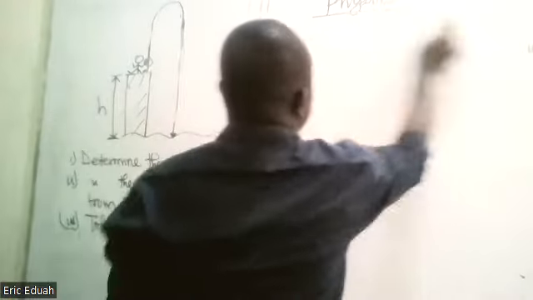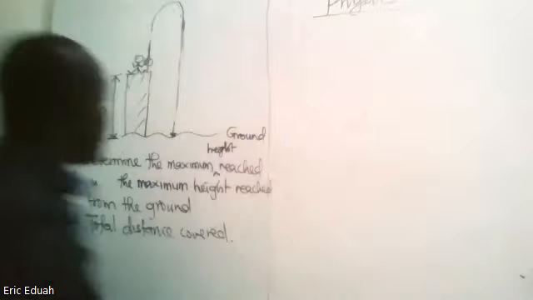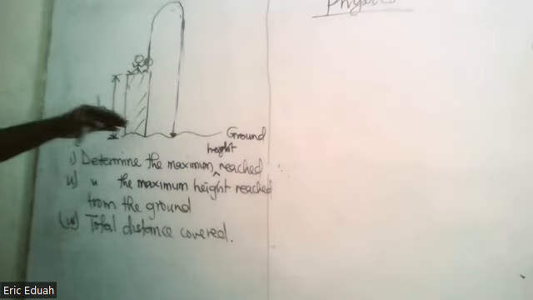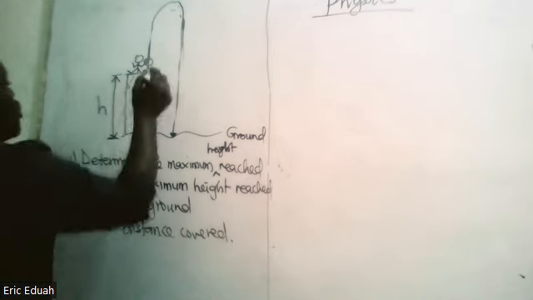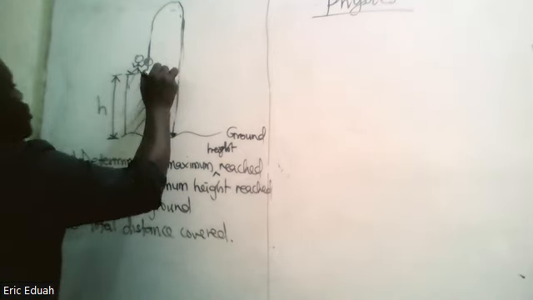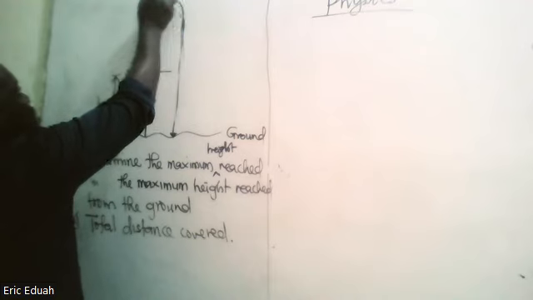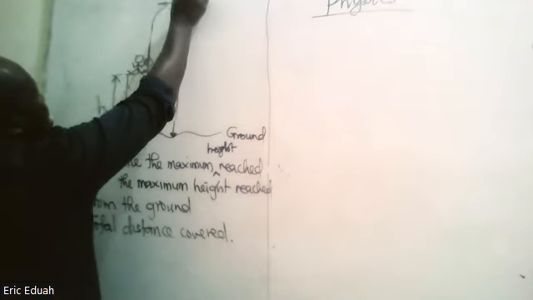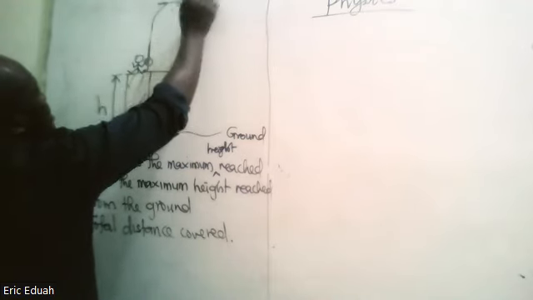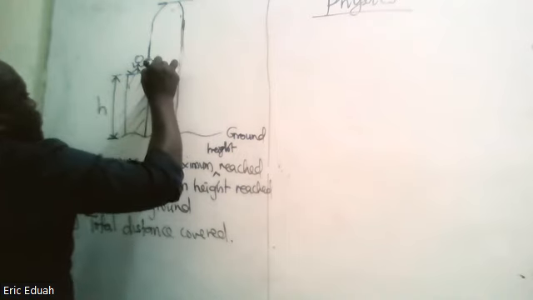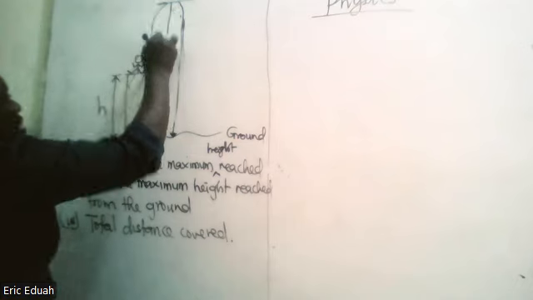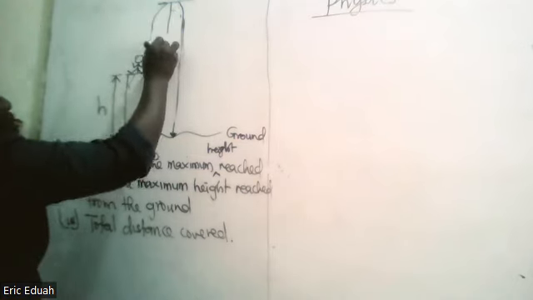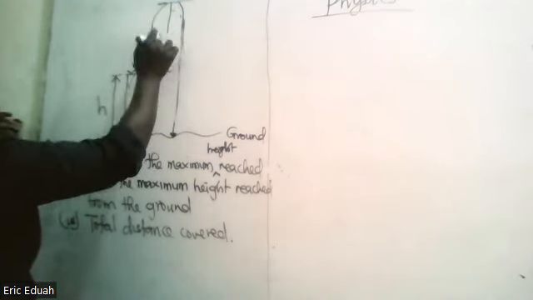So, yes, Yaba is right. When the body is thrown, from the point of throw to the point where the final velocity v is equal to 0, from here to this point would give us the maximum height or the greatest height reached.